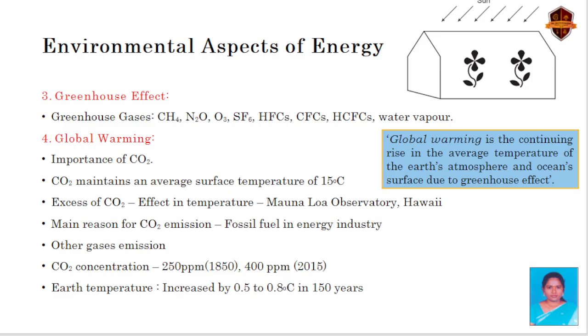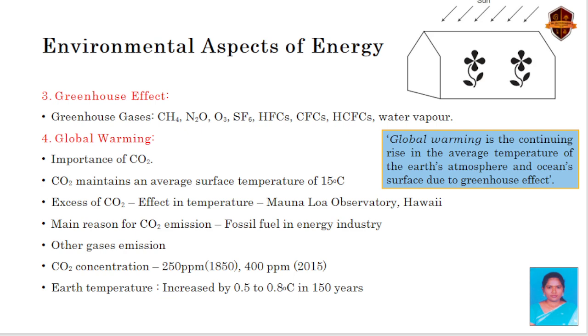Carbon dioxide plays an important role in maintaining Earth's average temperature. Excess carbon dioxide emission due to fossil fuel usage has increased its concentration from 250 ppm to about 400 ppm.